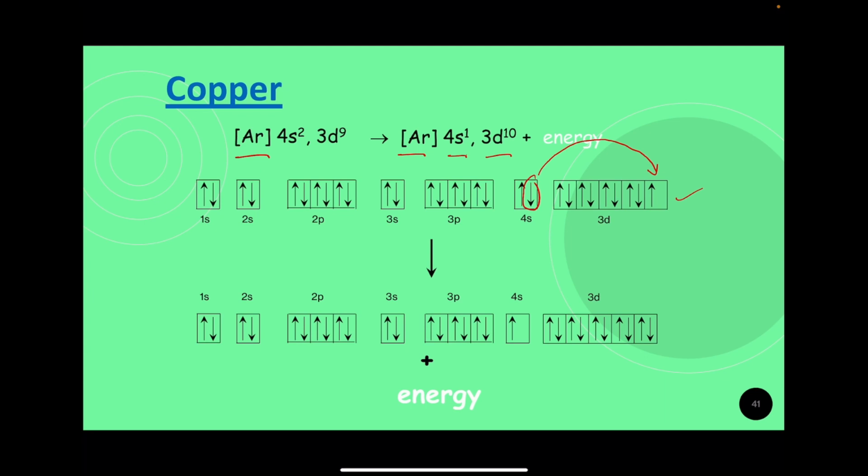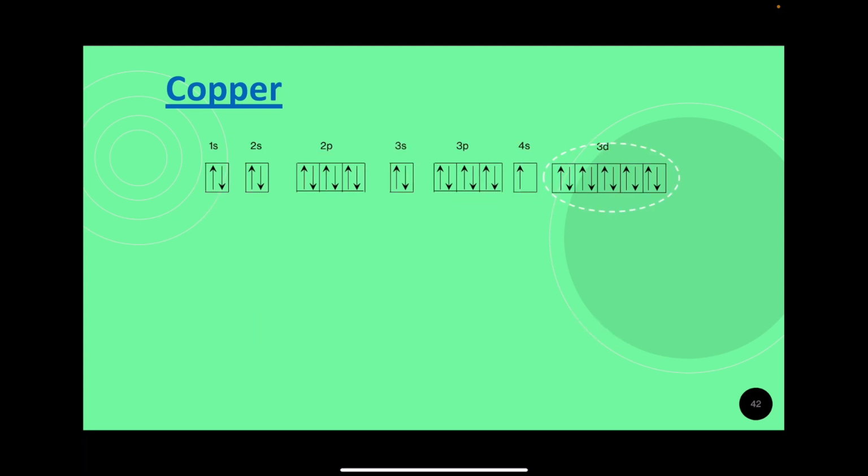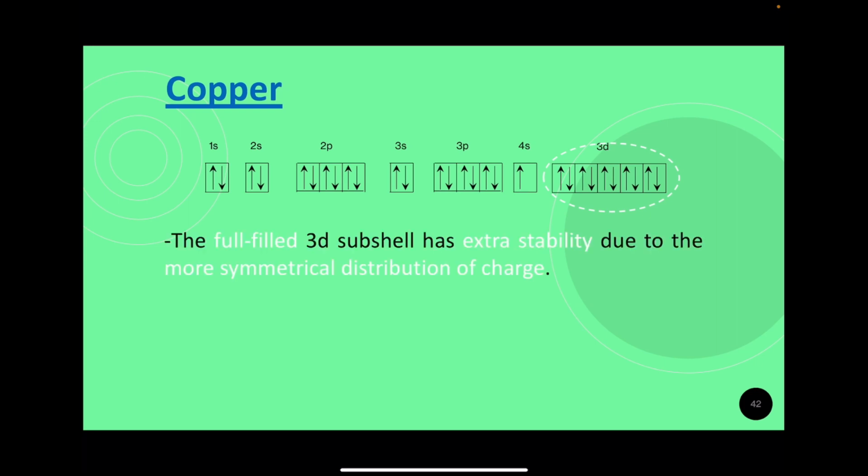Okay, why does this happen? Because of the 3d orbital in copper. It will give a fully filled 3d orbital, because the fully filled 3d orbital gives extra stability to the arrangement of electrons in copper. That's why this is due to the symmetrical distribution of charge.